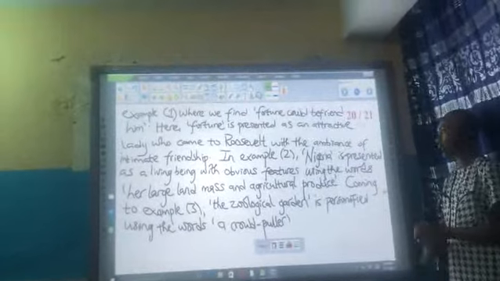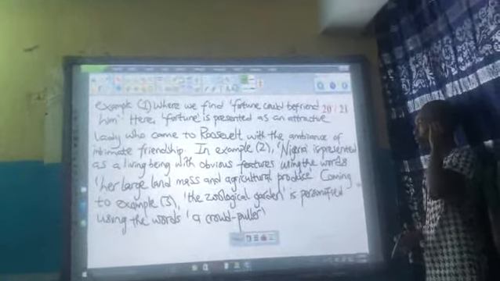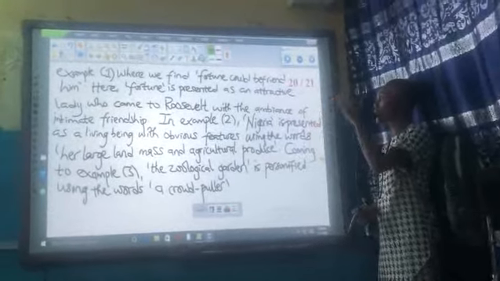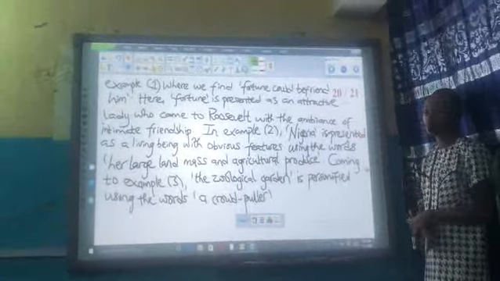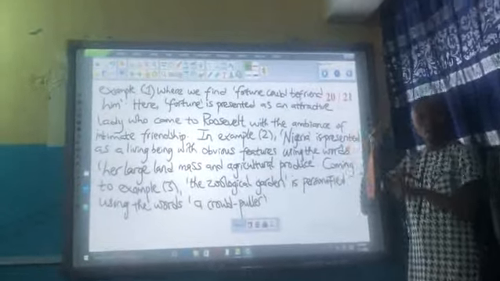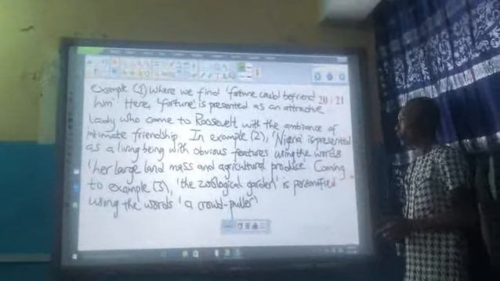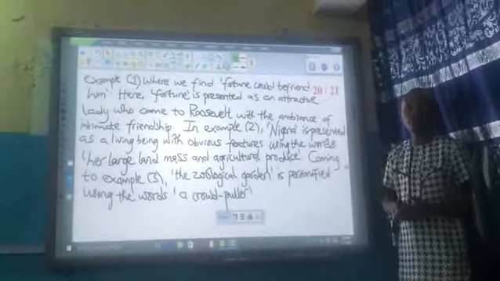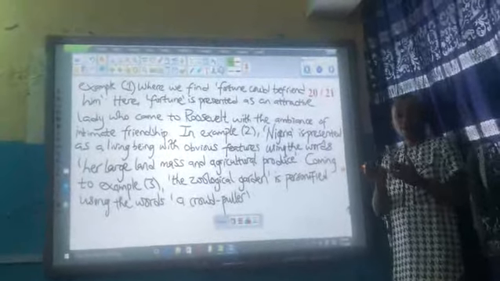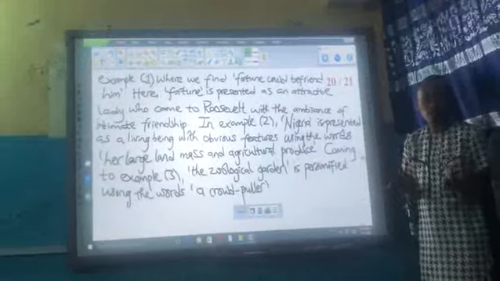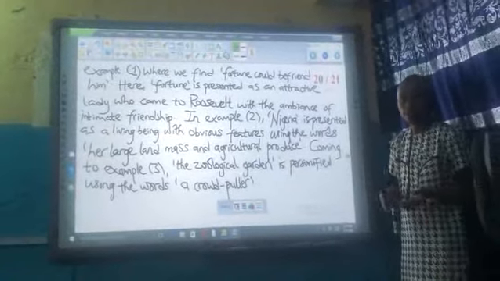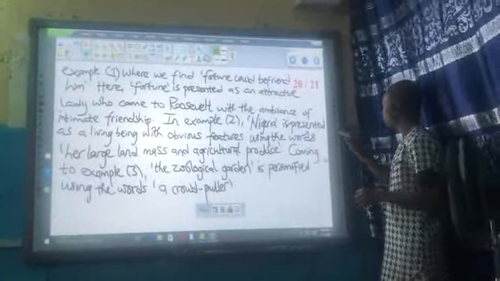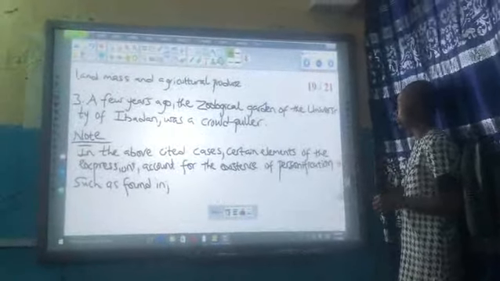And fortune here, like I told you earlier on, is presented like an attractive person who came to Roosevelt, who happens to be a human being, with the aim of intimate friendship, the intention, the disposition, the ambience of intimate what? Friendship.